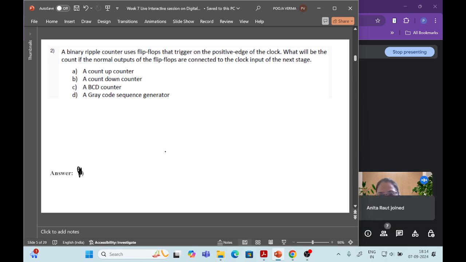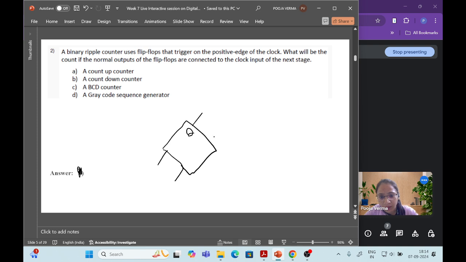What will be the count if the normal output is connected? We already know that the flip-flop has two outputs, right? One is normal, another one is complemented. This is the clock. Here is the input; for example, it is a JK flip-flop.